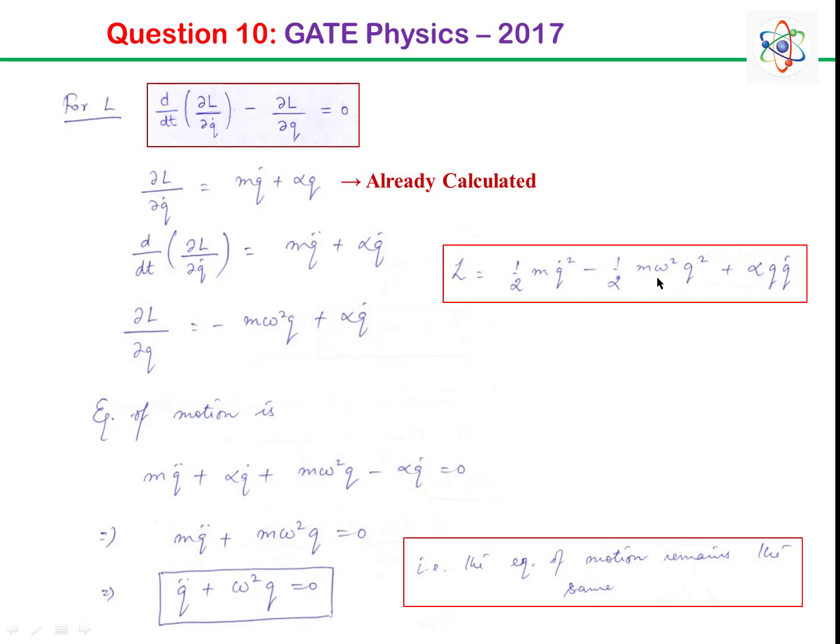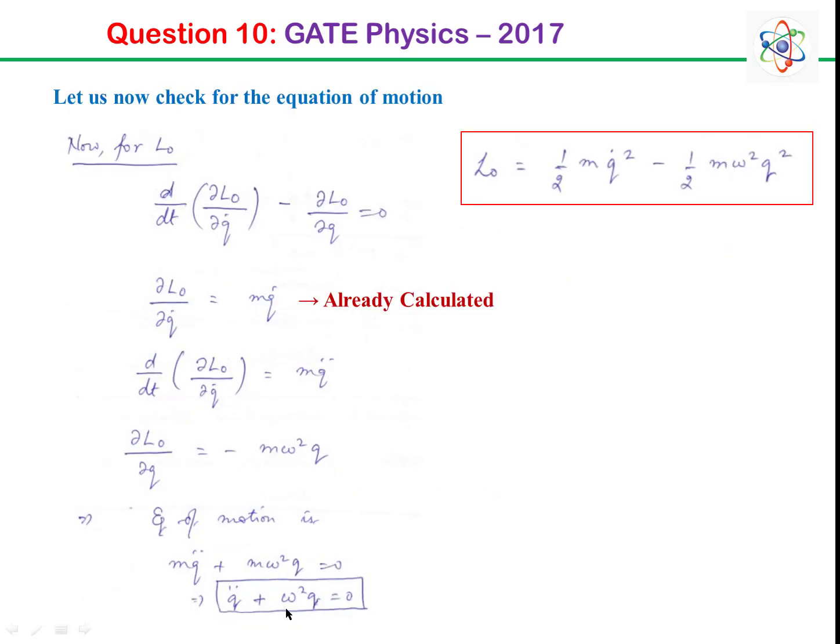Differentiating, I get minus m omega square q plus alpha q dot, and putting these values into this equation, I get this expression. We can cancel out this alpha q dot and this alpha q dot, so I am left with m q double dot plus m omega square q equals 0, and again m cancels. So we are left with q double dot plus omega square q equals 0.